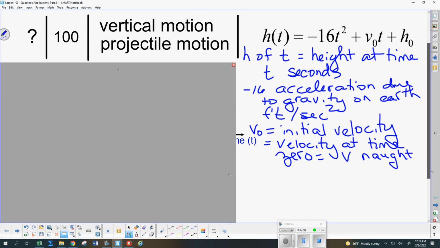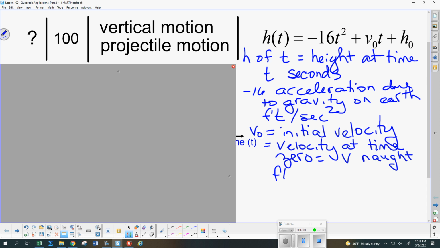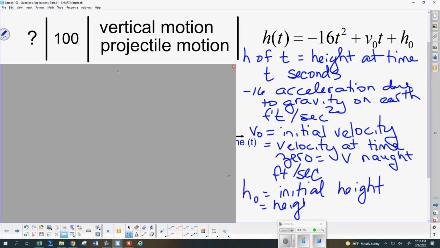And it is in feet per second. And H naught is the initial height, or the height at time 0. And it is in feet.